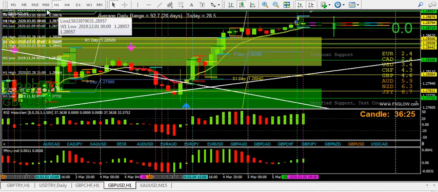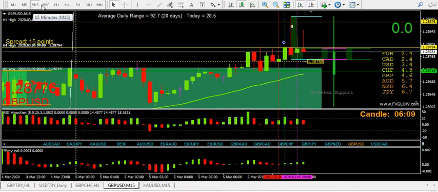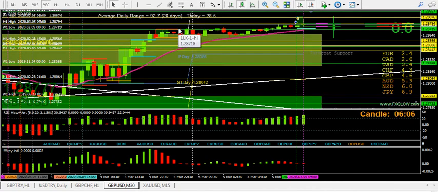So we can go back to an M5 chart now, or let's have a look at M15, see what that shows us. So there you can see my trade, M30. These charts are a bit squeezed up now, so we'll go to M5 and see what's above us.